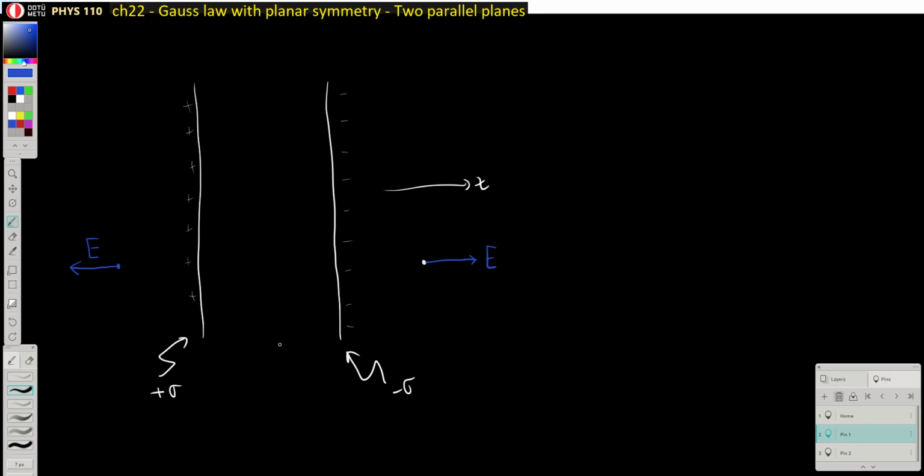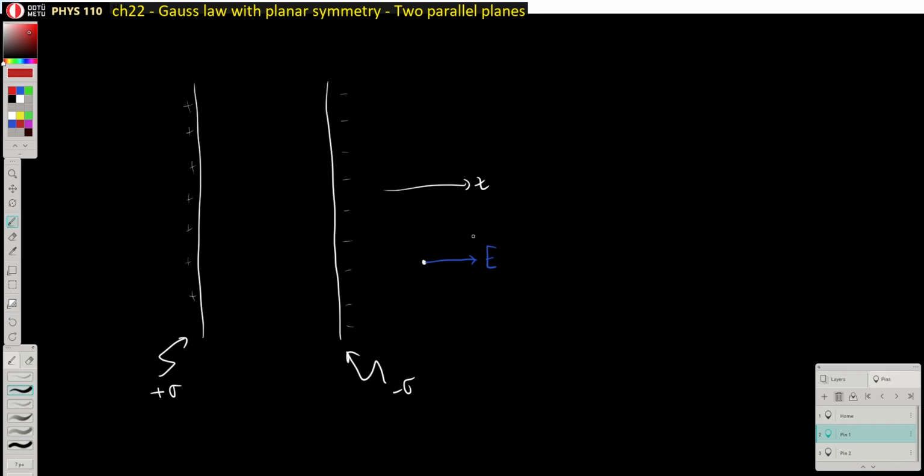If I don't have the left-right symmetry, I cannot claim this. And so as a result, I cannot choose a proper Gaussian surface which will enable me to use this kind of an argument. So I cannot apply the Gauss law directly.